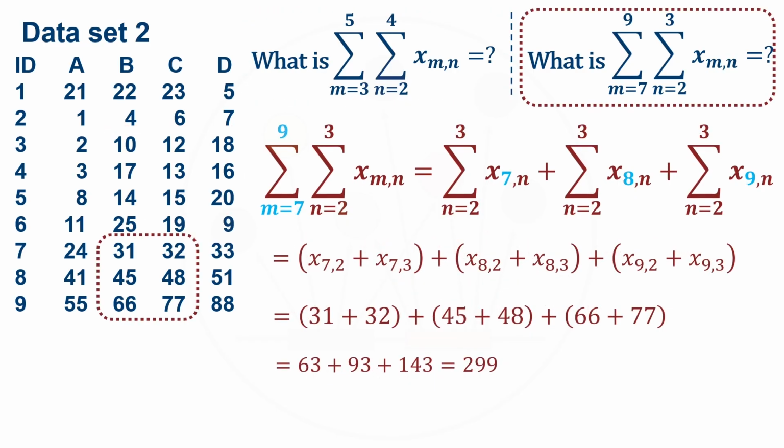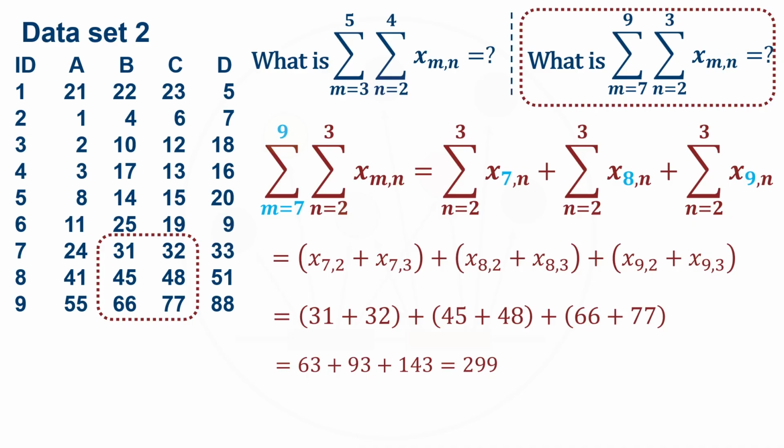For the second double summation, we're looking at m from 7 to 9, so that's rows 7 to 9, n from 2 to 3, so that's columns 2 and 3. And again, we can take the double summation and expand it out. For m of 7, 8, and 9, we could then get a single summation for n of 2 and 3 for x_7,n, plus the summation from n equals 2 to 3 of x_8,n, plus the summation from n equals 2 to 3 of x_9,n.